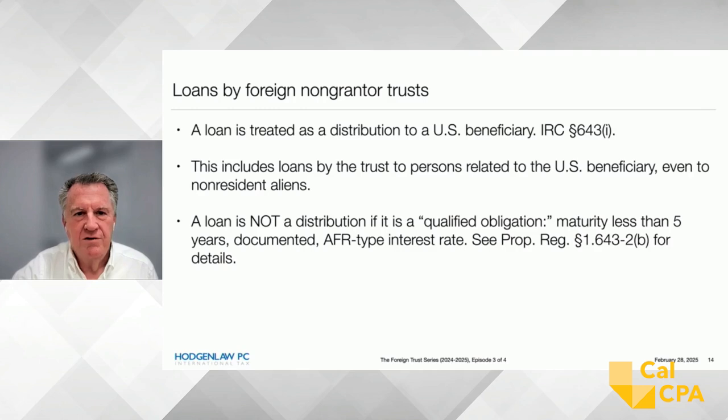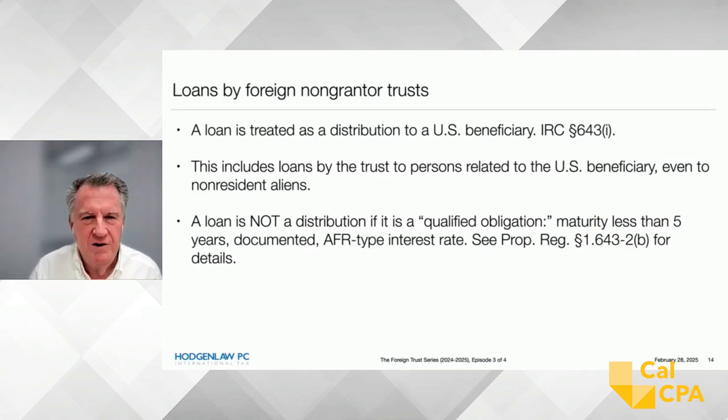So loans are treated as a distribution to a U.S. beneficiary, and that's okay. I mean, that's pretty straightforward because that closes an obvious door. But there are a number of rules that relate to indirect loans to a U.S. beneficiary, where a loan to somebody else who is related, and related meaning the Section 267 rules and the Section 707(b) rules for partnerships.